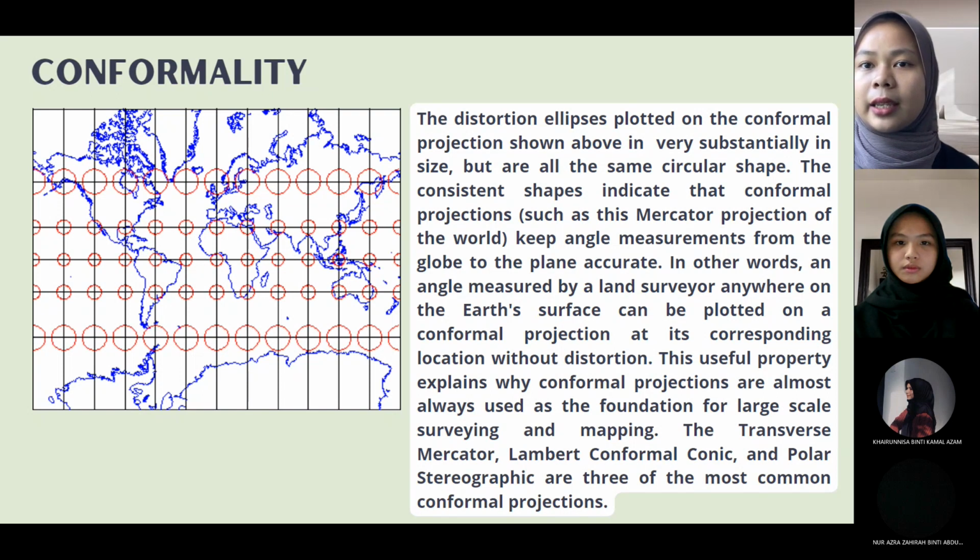In other words, an angle measured by a land surveyor anywhere on the Earth's surface can be plotted on a conformal projection at its corresponding location without distortion. This useful property explains why conformal projections are almost always used as the foundation for large-scale surveying and mapping. The transverse Mercator, Lambert conformal conic, and polar stereographic are three of the most common conformal projections.